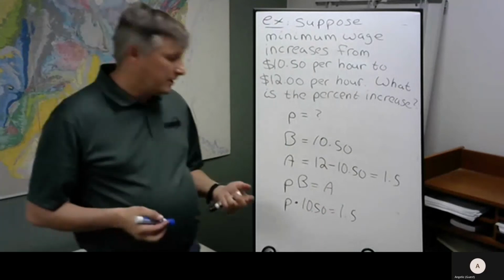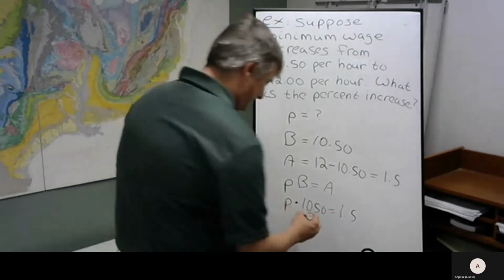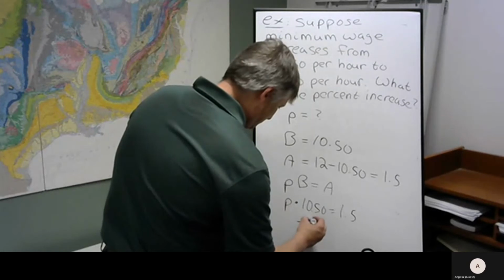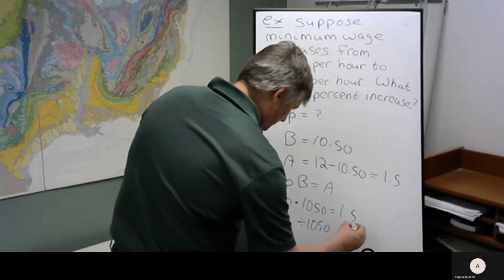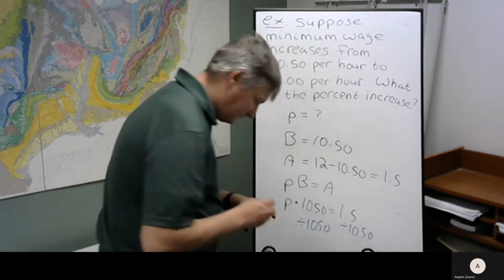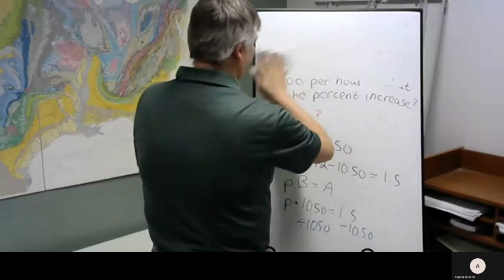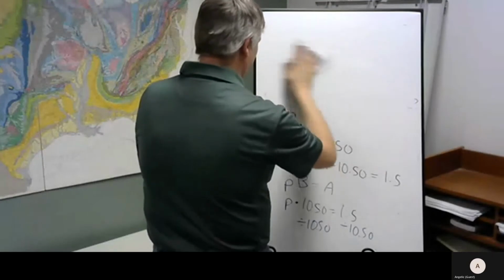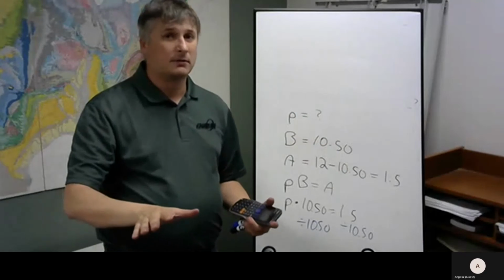So to solve for P, we're going to divide both sides by 10.50. If I'm going too fast, let me know.